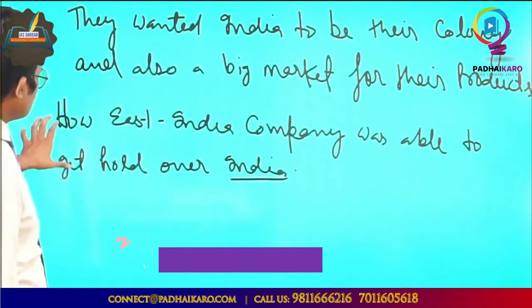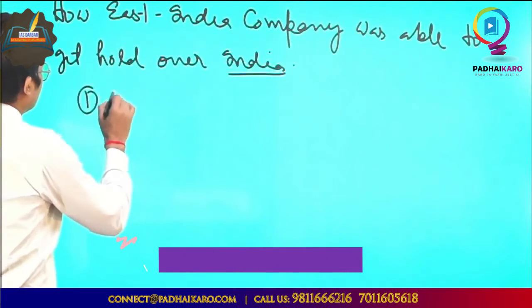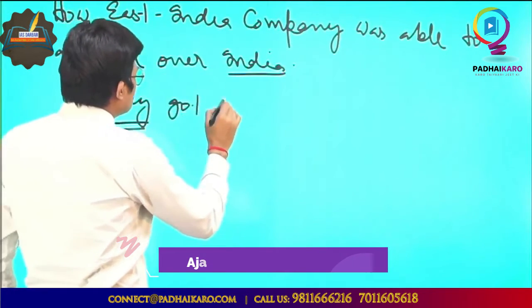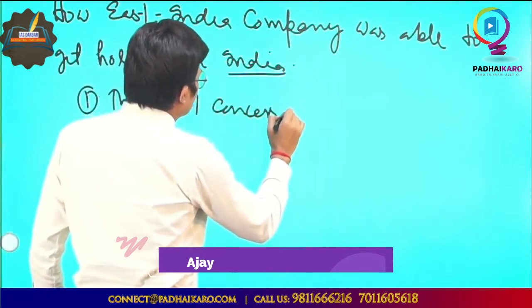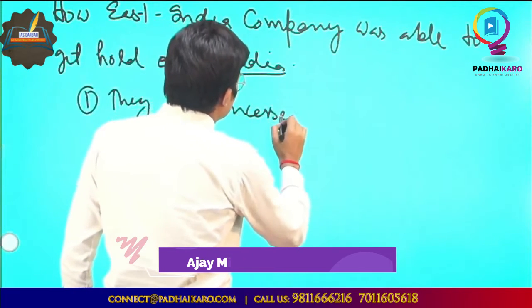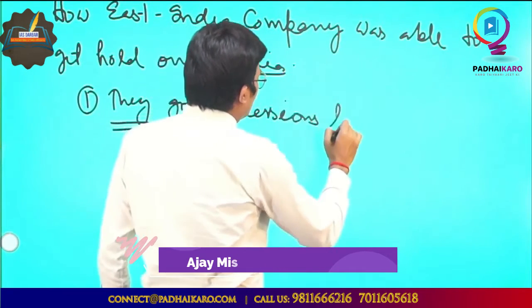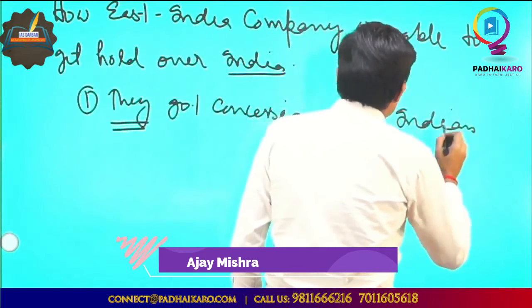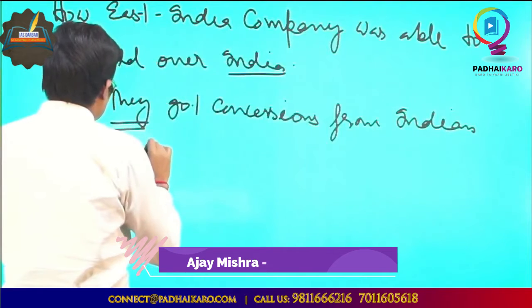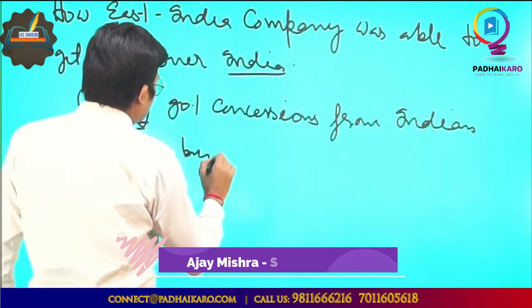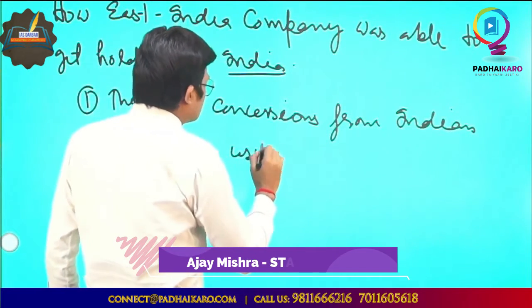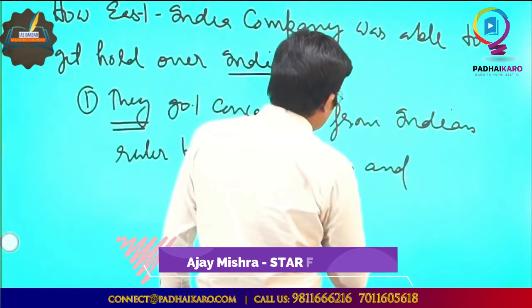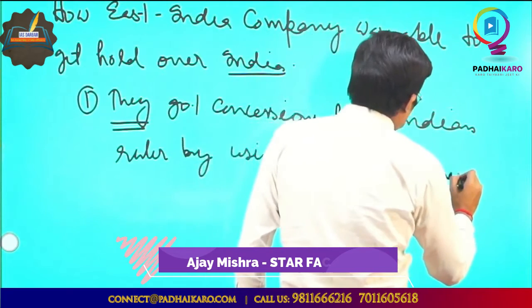It was because, number one, they got concessions from Indian rulers by using tricks and other means.